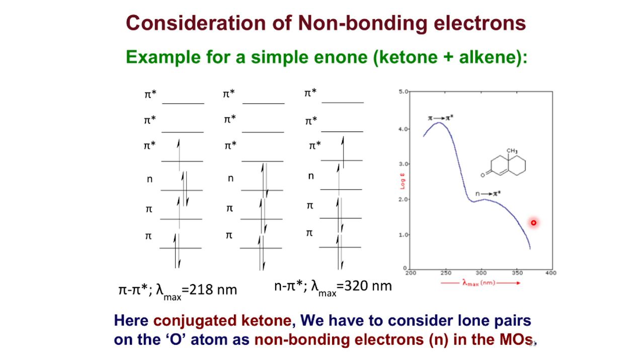Yes, so there are two different pi. One is the carbon oxygen and the other is carbon and carbon. Oxygen atom.